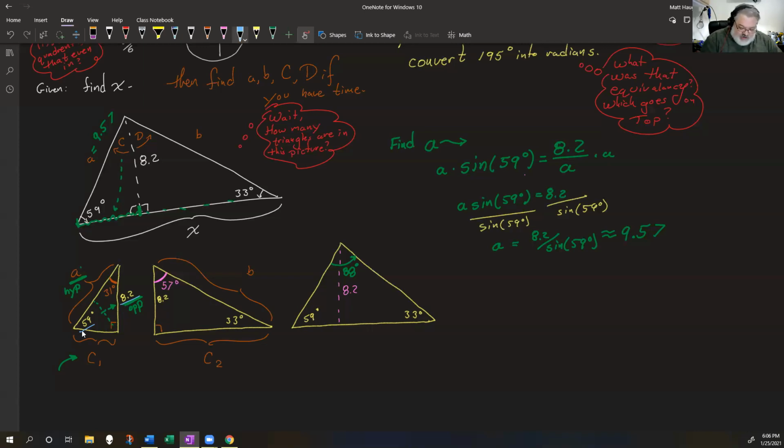So if we're going to stick with that 59 degrees and use that 8.2, which trig function should we use? I'd use cotangent, but I don't like cotangent, because it puts your variable in the numerator as opposed to the denominator. But should we fear having variables in the denominator? Yes, I do. I do too.